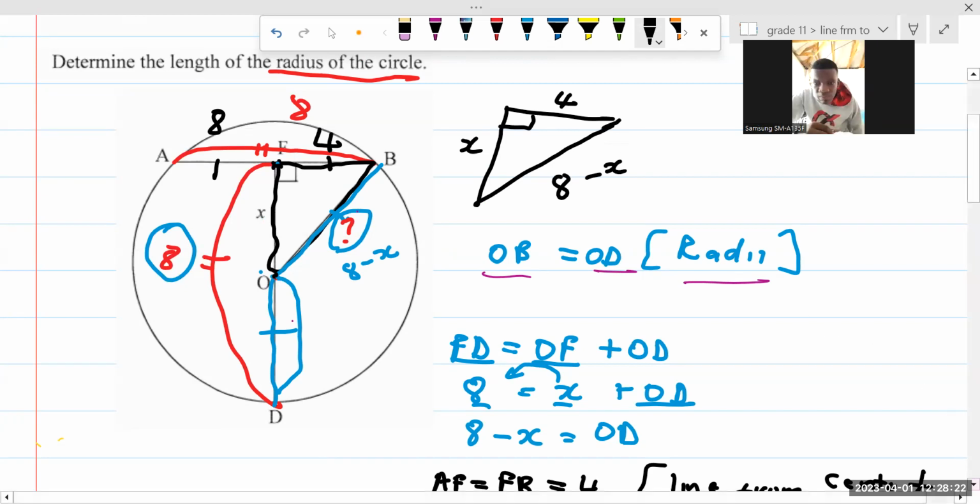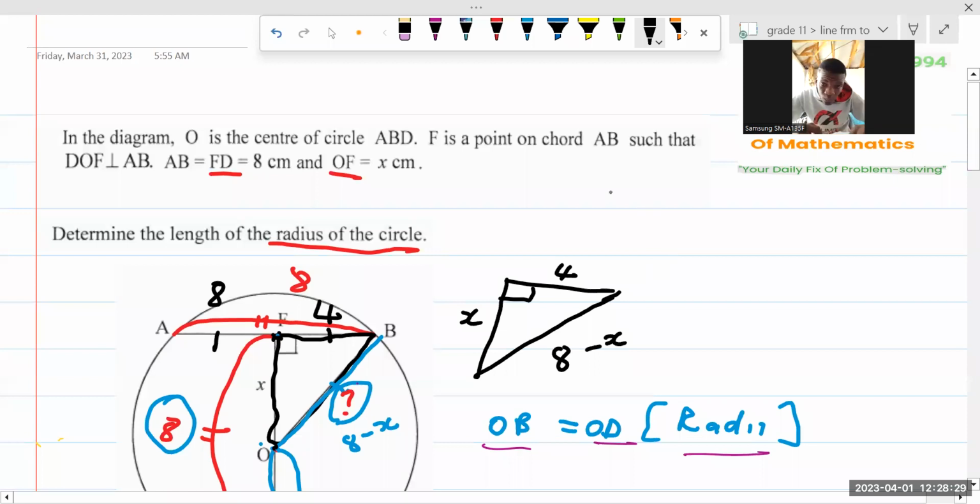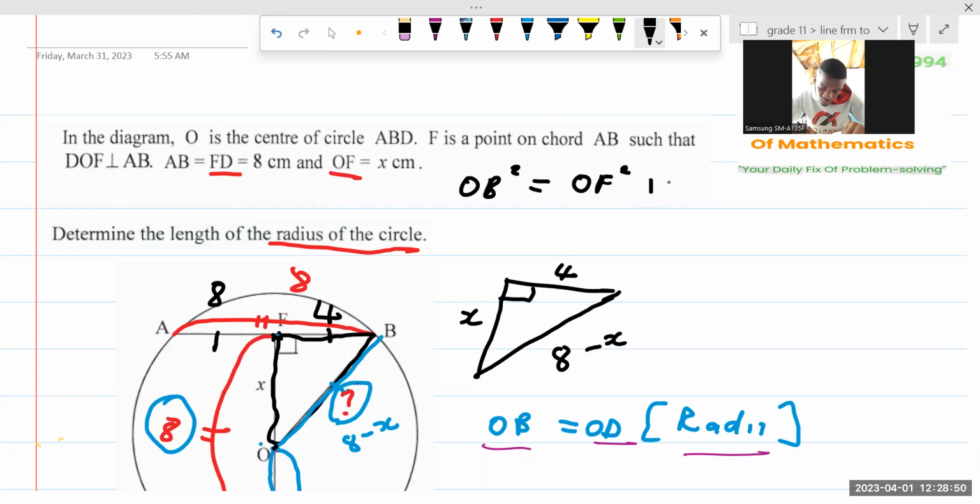Okay, so let's do this. We're going to have OB all squared equal to OF all squared plus FB all squared.